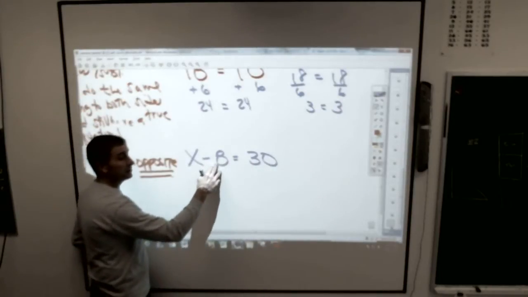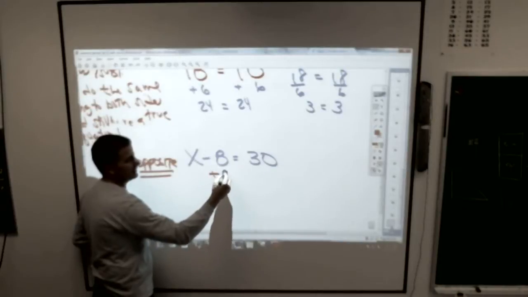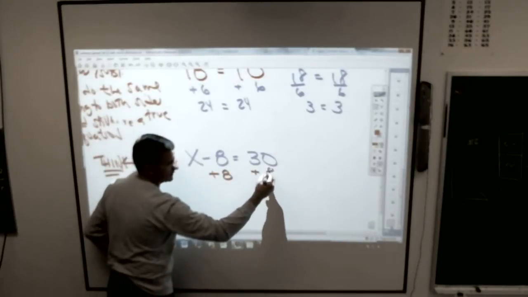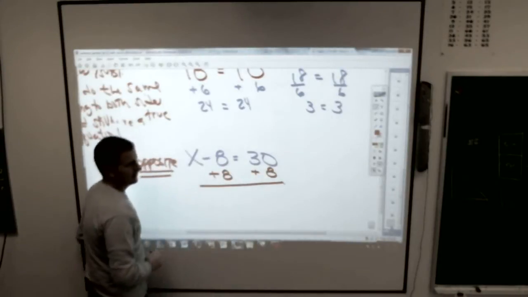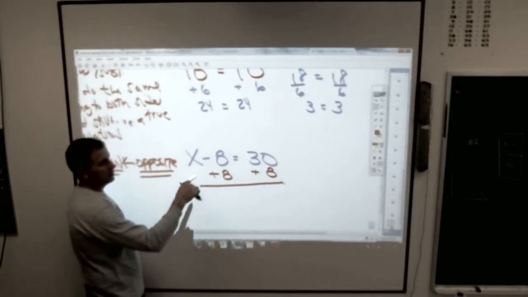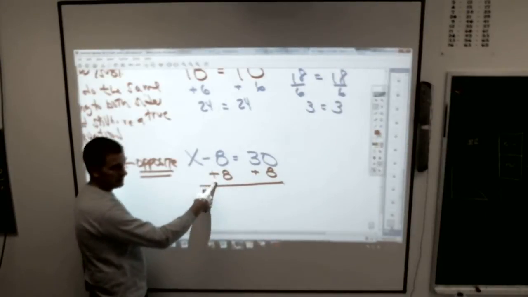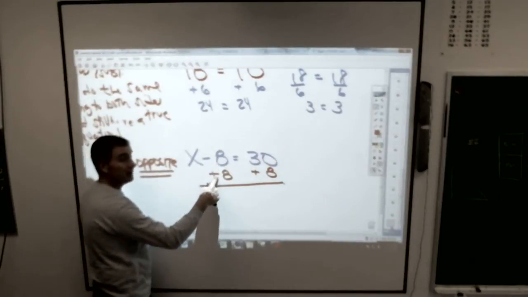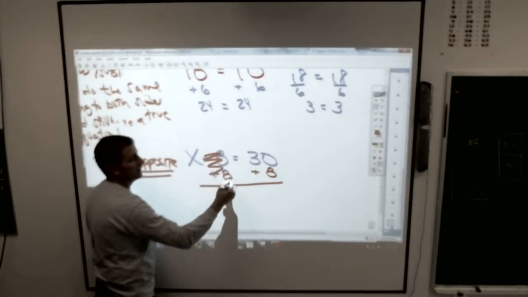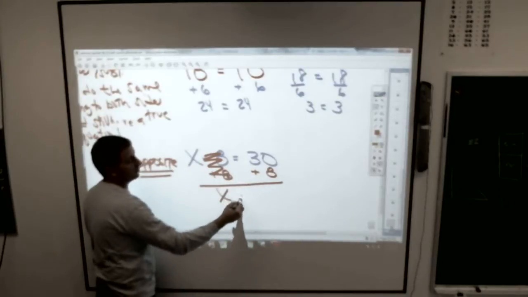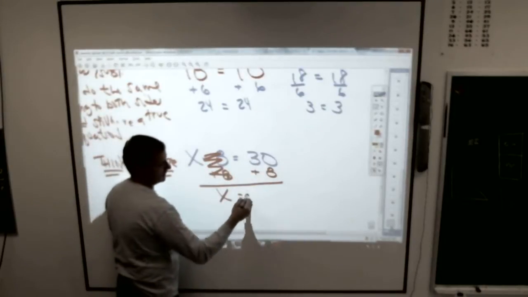The opposite of subtracting 8 is adding 8, and you need to do that to both sides. Okay? Because when you have a minus 8 and a plus 8, they cross each other out, because negative 8, positive 8 gives you nothing. You're left with the x, which is what you want, and 30 plus 8 is 38.